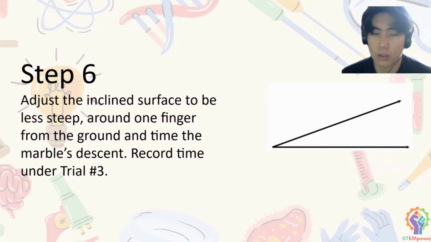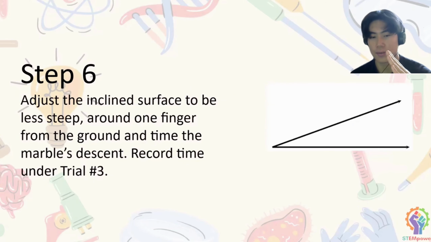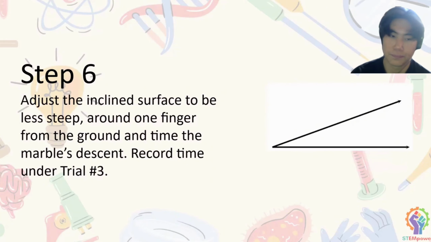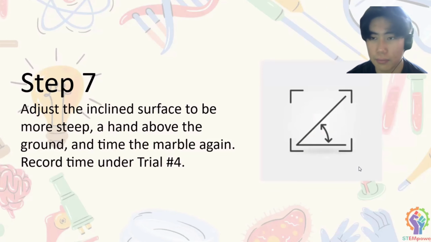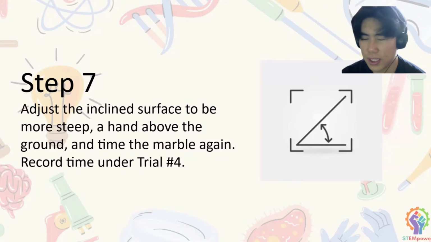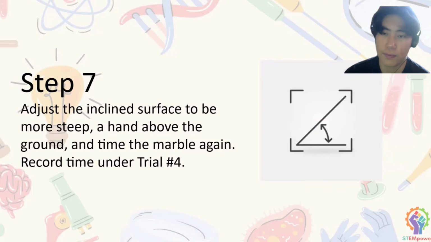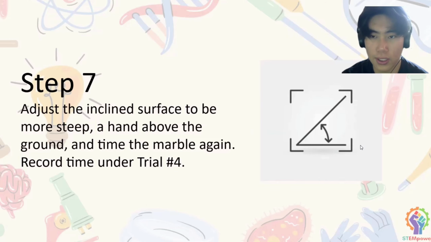To visualize this, say instead of 50 degrees, it's now 40. Record the time for that. Step 7, now we want to increase the incline. So instead of 50 degrees, now 60. We want it to be 1 hand from the ground now. And record this for trial number 4.